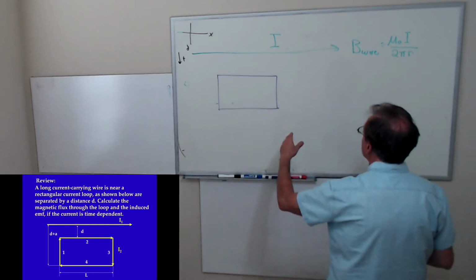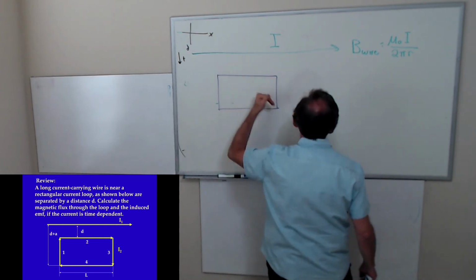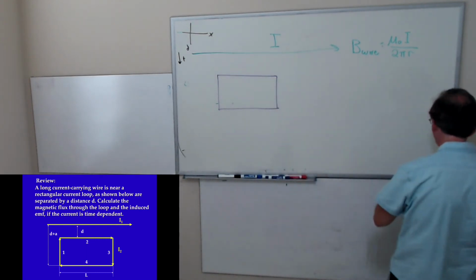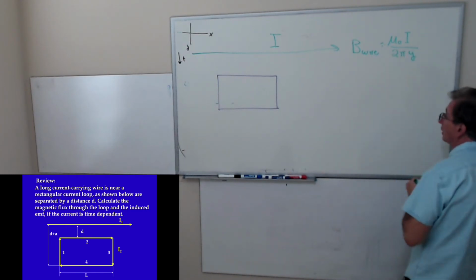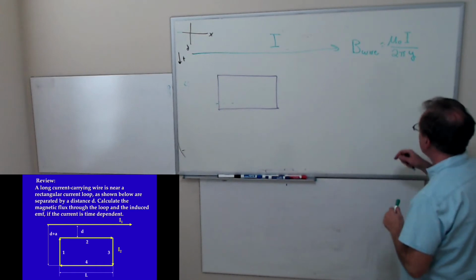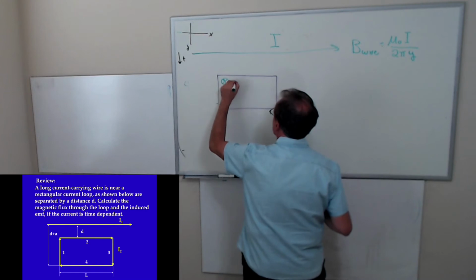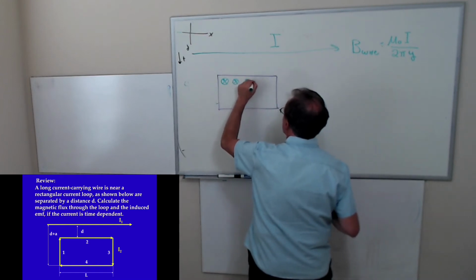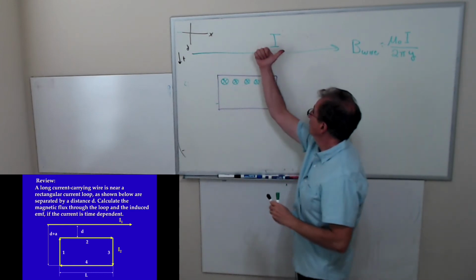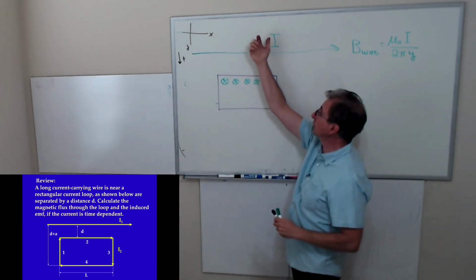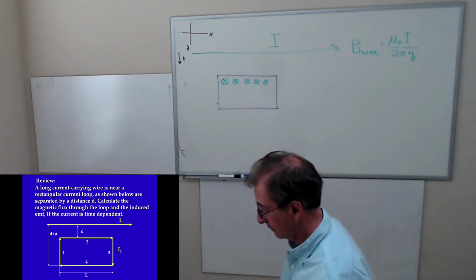The magnetic field depends on the distance from the wire. Really, this should be a letter y. And the direction of the field here is going to be into the board, because if I use the right-hand rule, I point my thumb in the direction of the current, and my fingers curl into the board. Are we okay so far?